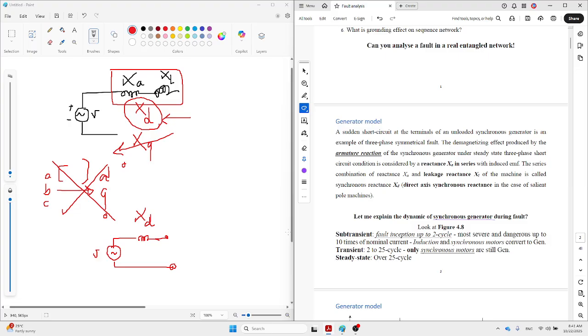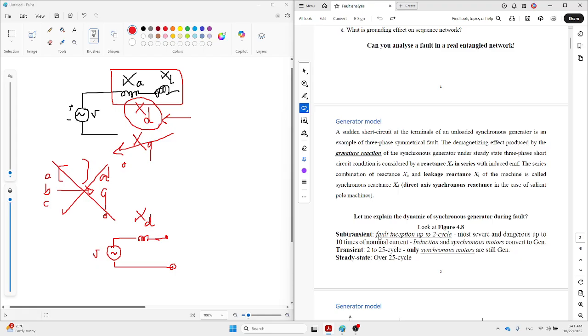But for small generation of energy, the same as wind, we usually use the induction generator, which is an asynchronous one. So the reaction of these two generators during fault is totally different.